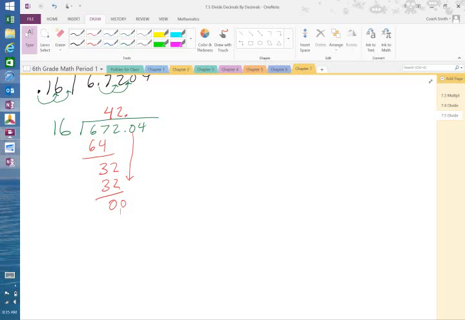16 into 0. Now, some of you say, well, I got a 0 remainder. Can I stop? No, you can't stop because you still have that 4 we got to get to. Okay? And so it goes 0 times. Bring down my 4. 16 into 4. 0 times. Put it above the 4. Add a 0. Bring it down. 16 into 40. Two times.